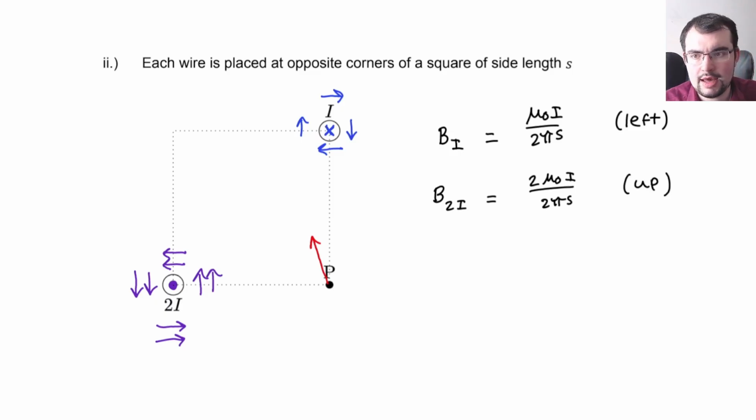I'm not going to simplify, on purpose, so I can show this common factor. These are not just addition or subtraction, because they're at right angles to each other. Left does not add or subtract with up.